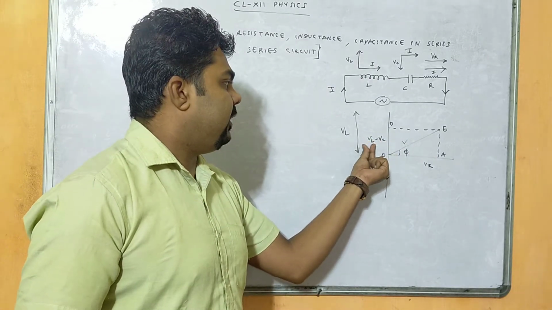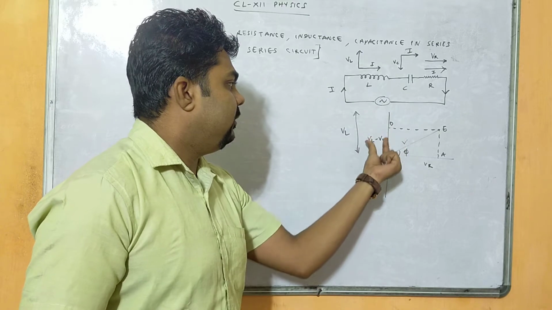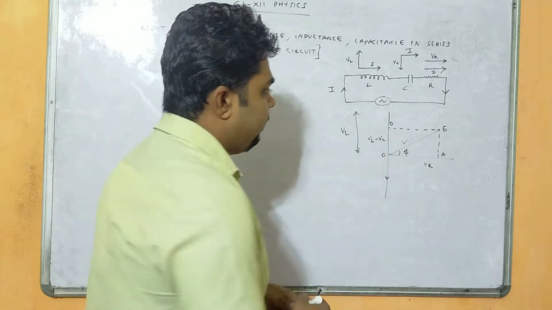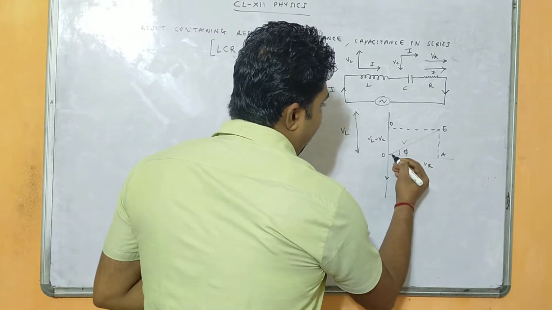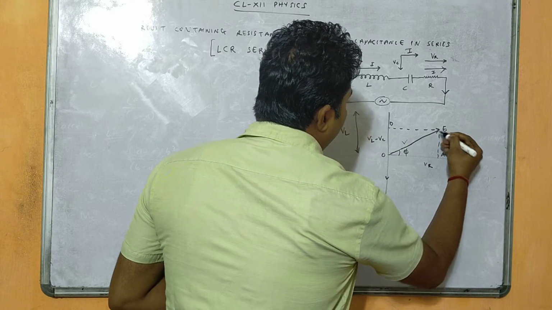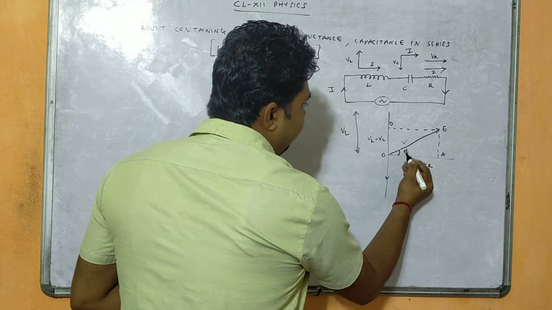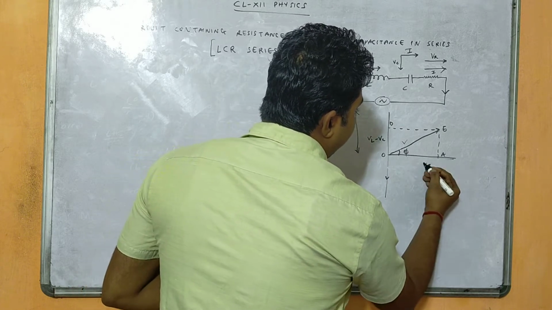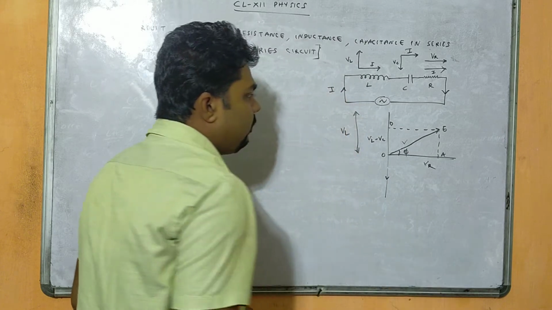Okay. So if VL is greater than VC in this circuit, then the phasor diagram will make a triangle here. You see the resultant is making an angle phi with the horizontal. Horizontal is VR. Right?